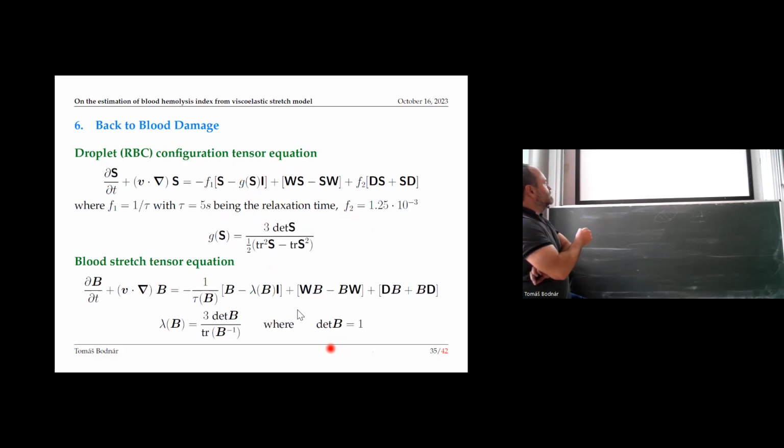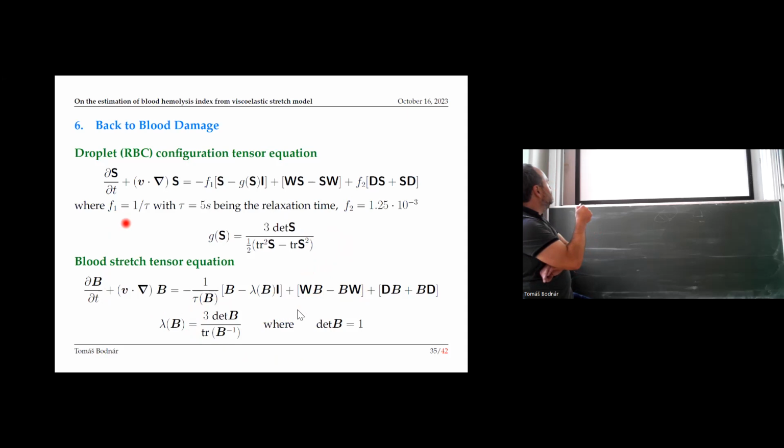And this is Rajagopal's model that is used for rheology, never for the blood damage, but for rheology. If you take a look at this model, you see that you have exactly the same terms. Again, if you already have a code for one of them, just by a change of coefficients, you can use it for the other simulation. It's really surprising that even the coefficients and the source terms look the same.